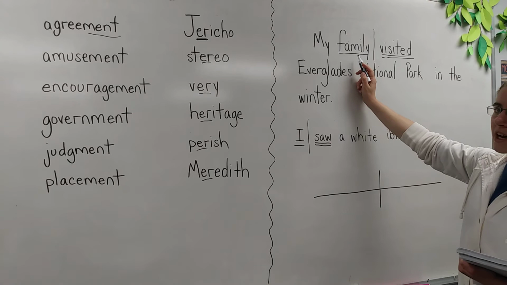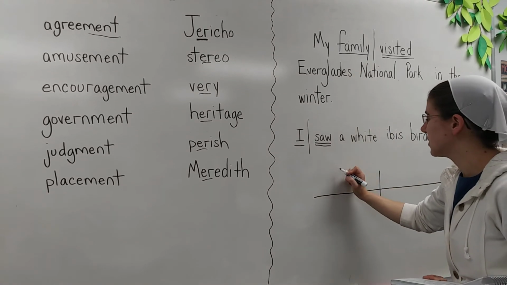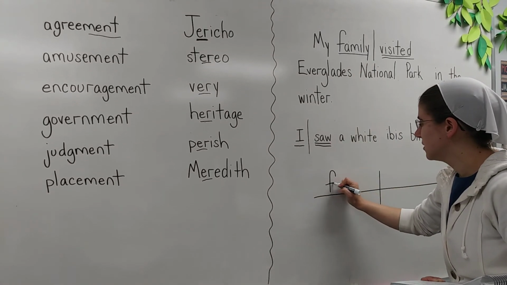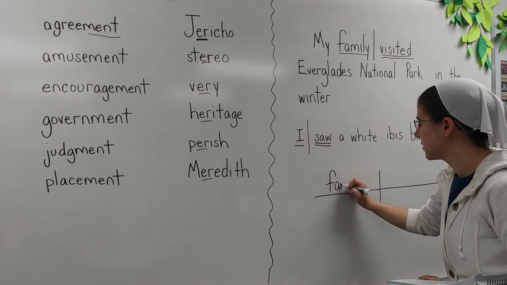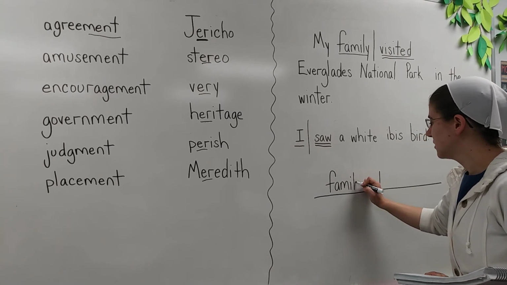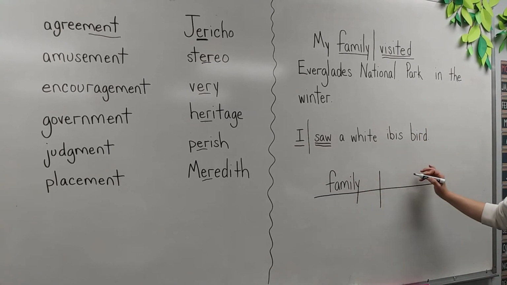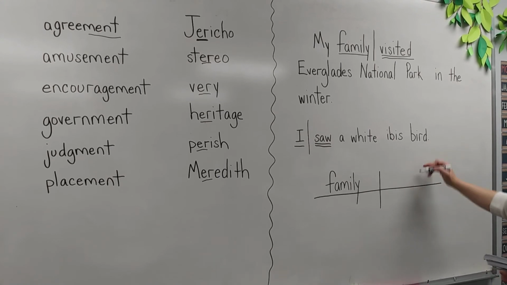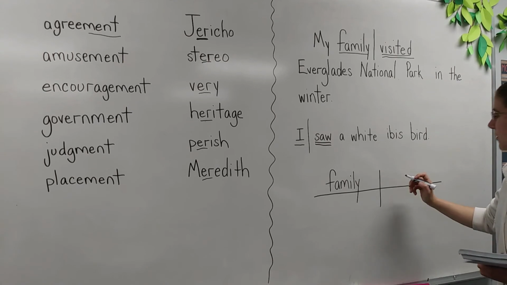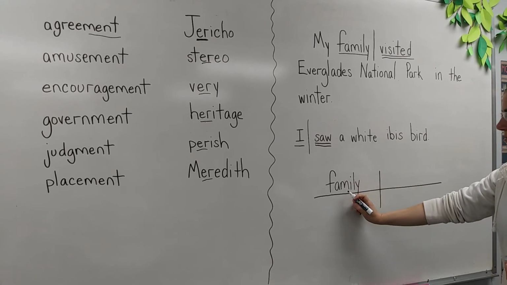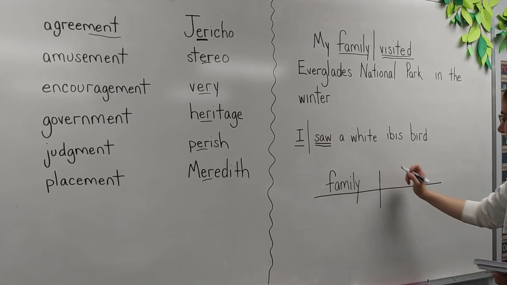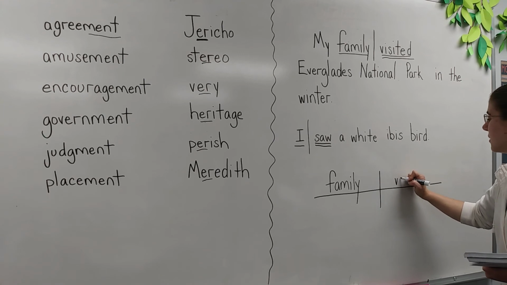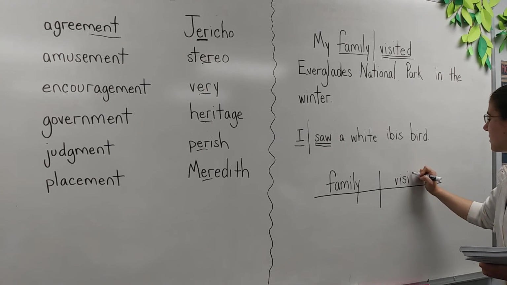So our subject noun is family. They're the ones who did the action. They're the ones who the sentence is talking about. And what goes in the second room of our house, on the right side of the house? Visited, our verb. So the noun, the subject noun, goes on this side, and our verb goes on the other side.